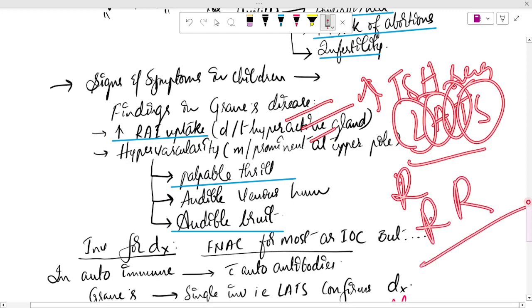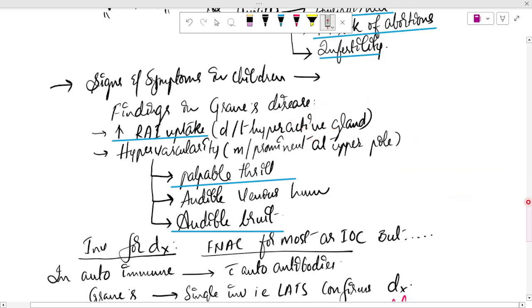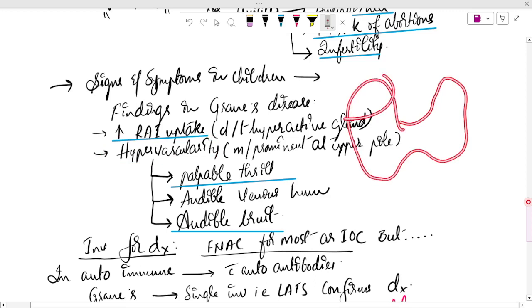Revise, recall, remember. Right? Now, there will also be a hypervascularity, but this hypervascularity is prominent at the poles of the thyroid.